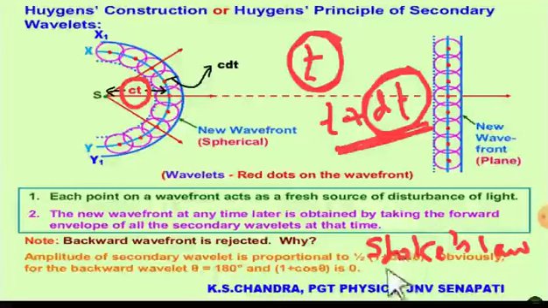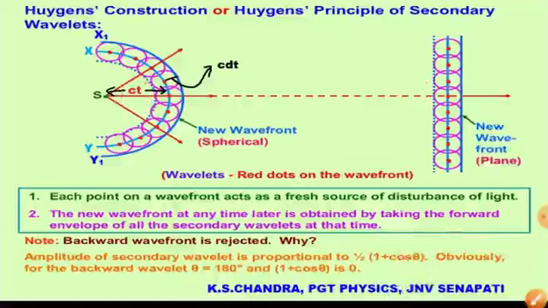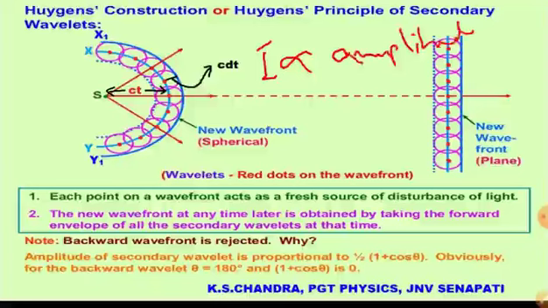Because we know that the intensity of light is directly proportional to the square of the amplitude. Intensity I is directly proportional to amplitude squared. Got it?